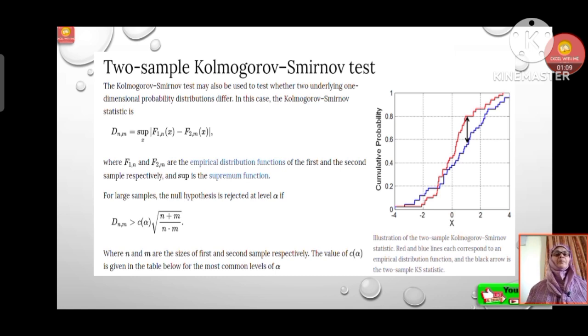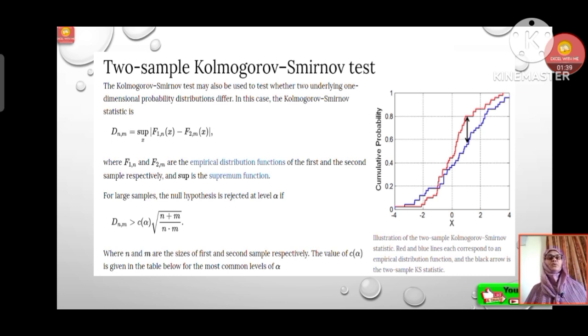Now the 2 sample KS test, you can pause and understand. The KS test may also be used to test whether two underlying one-dimensional probability distributions differ. In this case, the KS statistic formula is given below, where F1n and F2n are the empirical distribution functions of the first and the second sample respectively.